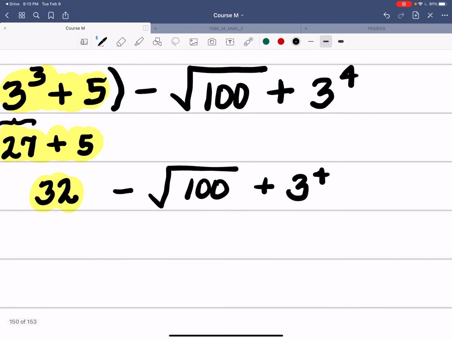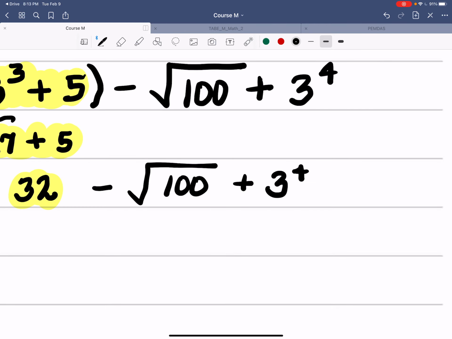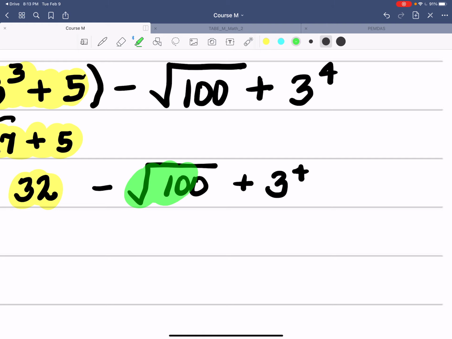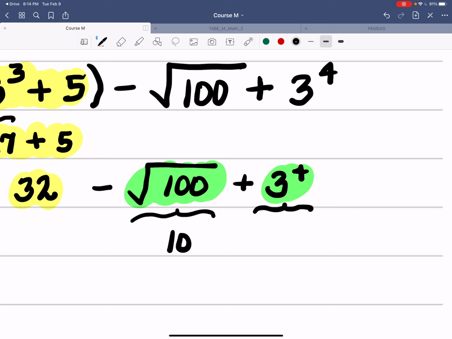The next step would be exponents and roots, and I have both of those. I have a square root right here, and then we have this exponent. Square root of 100 is 10, and 3 to the 4th power is 81. You can use your calculator to do that if you need to. Copy.